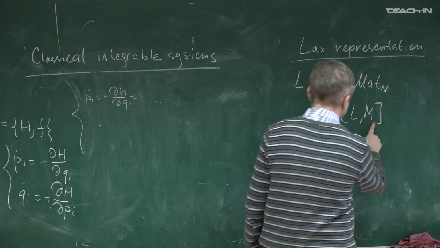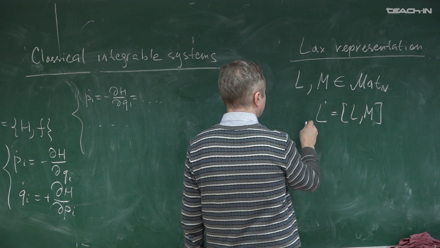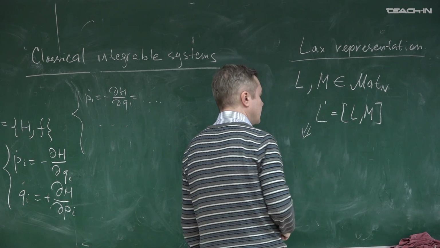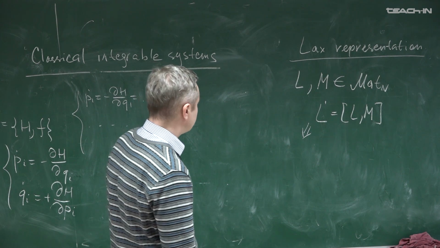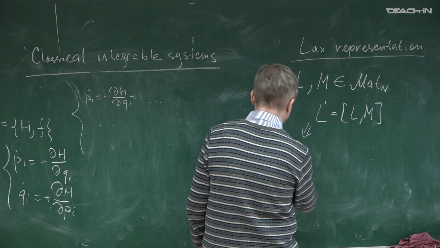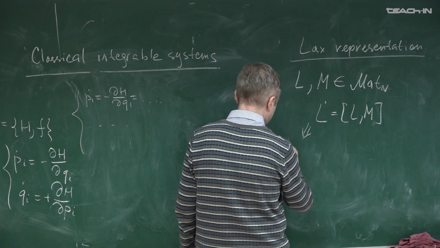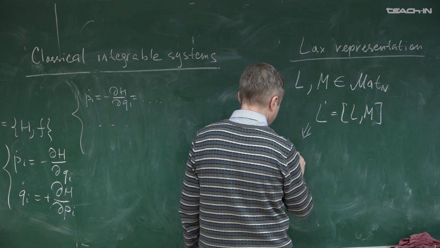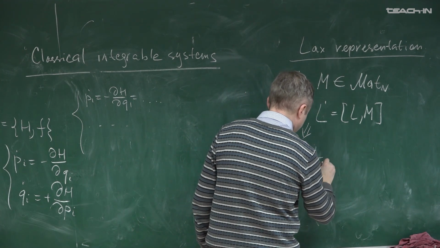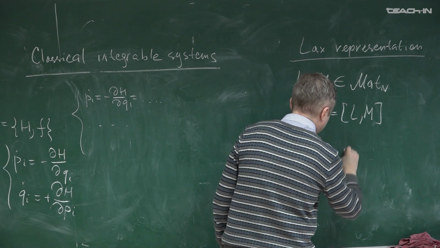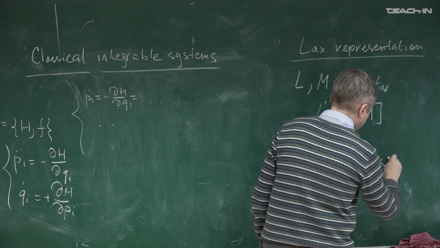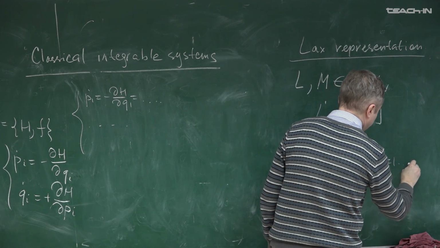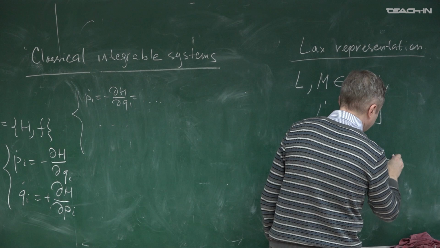Then, from this equation, it follows that we have a number of conserved quantities. For example, let us write them as follows, where k goes from 1 to infinity.